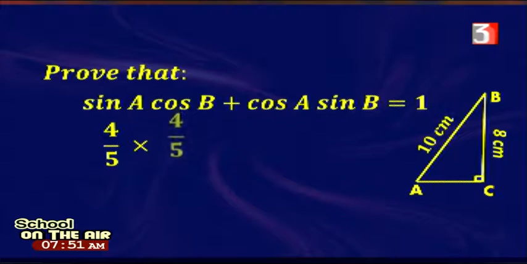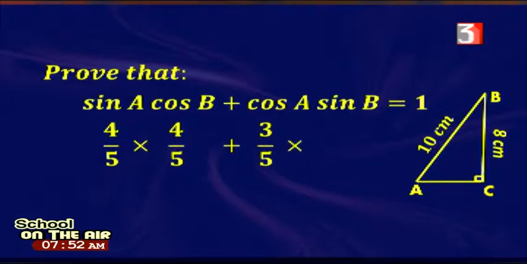It is also 4 over 5. Plus, what about cosine A? That's correct. It is 6 over 10, which is 3 over 5, multiplied by sine B, which is 6 over 10, after reduction 3 over 5, to obtain a result as 1 by using your calculators.